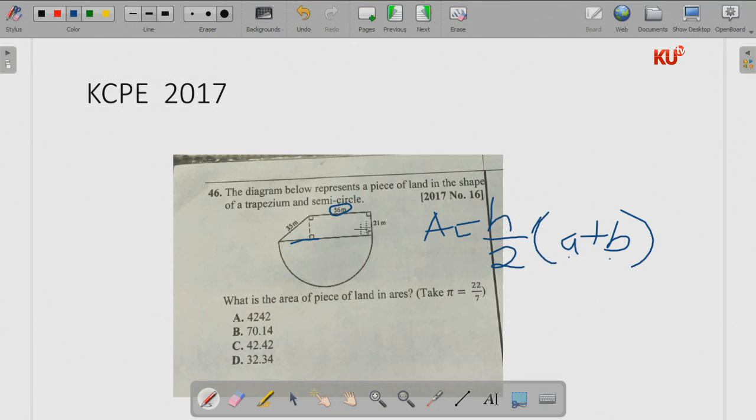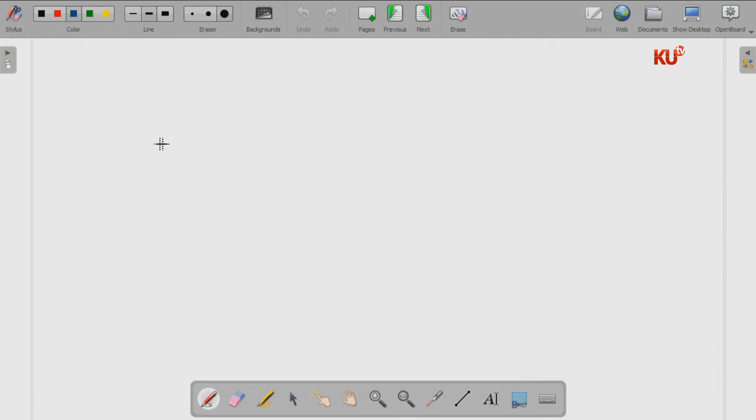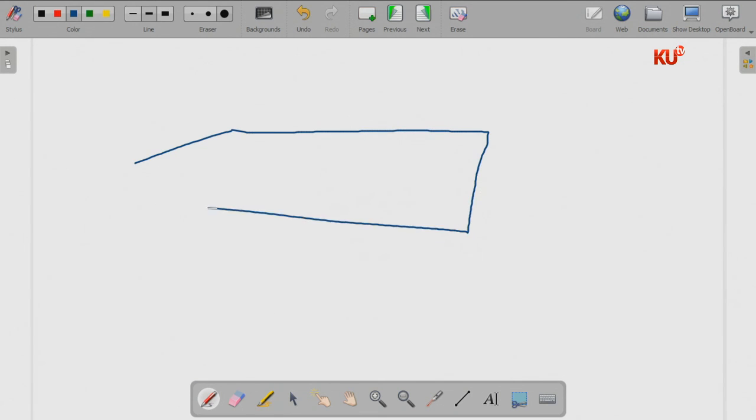And what are we supposed to do? We say here to here is equal to 21. Sorry, is equal to 56. So 21 is here. This is also 21. We are still going to use Pythagorean theorem. Let me draw it. This is 21.